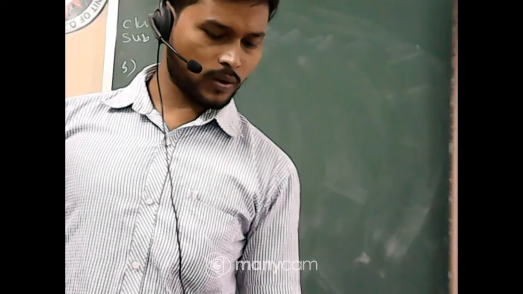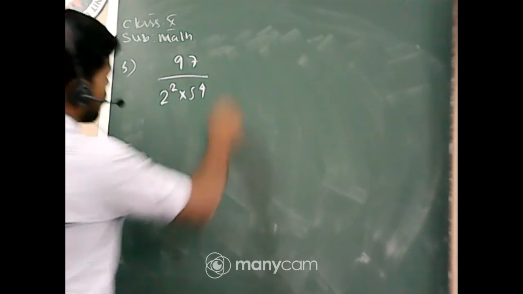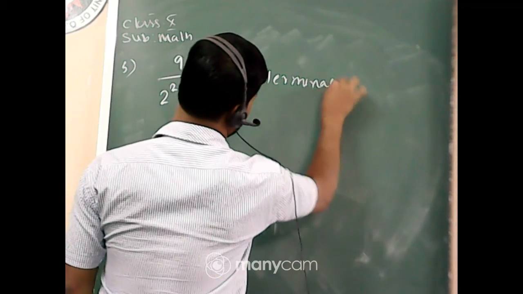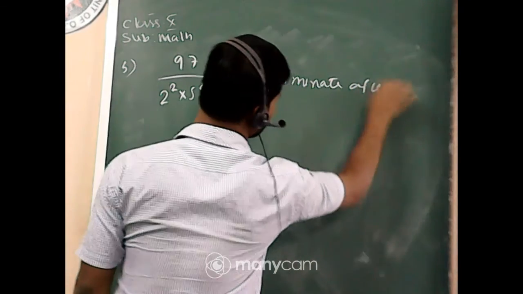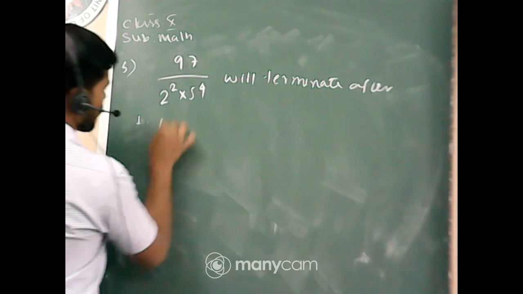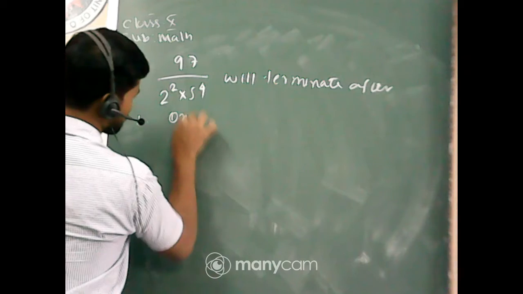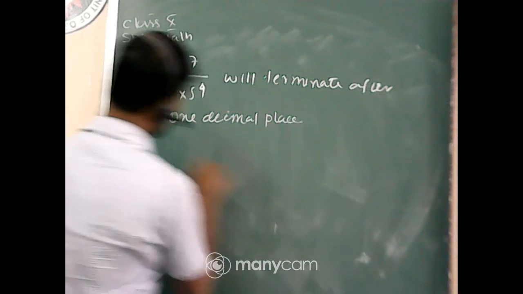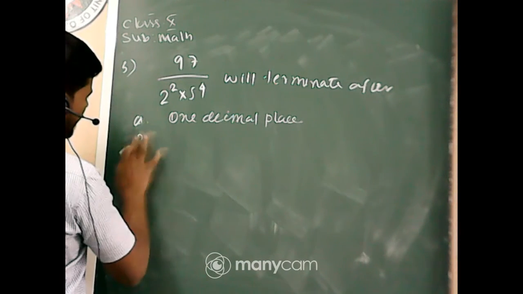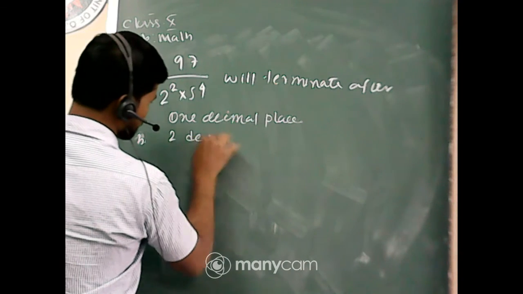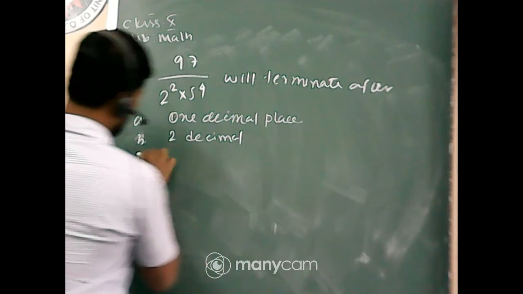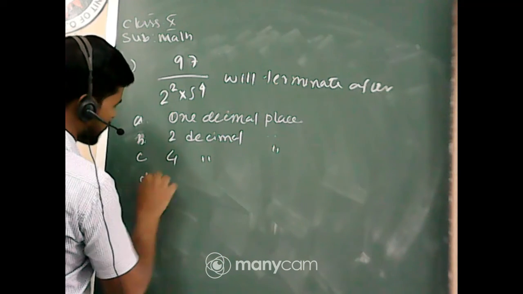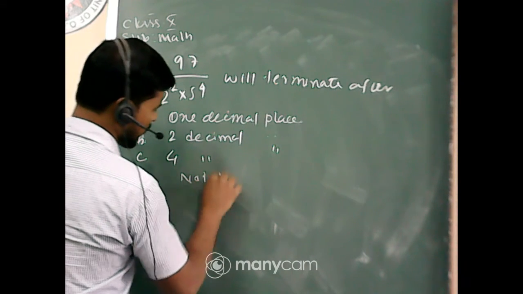This will terminate after: option 1, 1 decimal place; option 2, 2 decimal places; option 3, 4 decimal places; and option 4, not terminated.